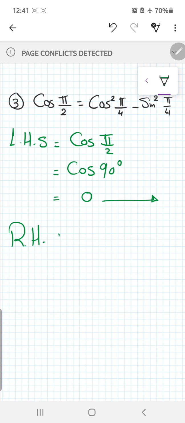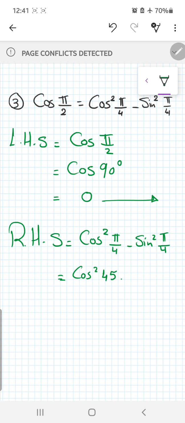The right hand side is cosine squared theta over 4 minus sine squared theta over 4. As we said, theta equals 180, so we want cosine squared 45 minus sine squared 45.